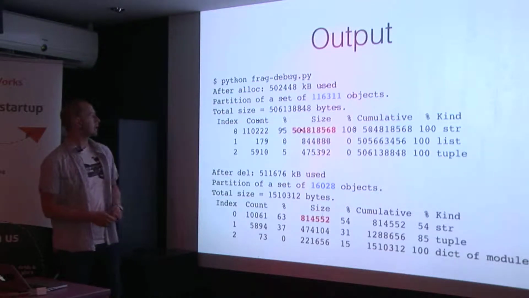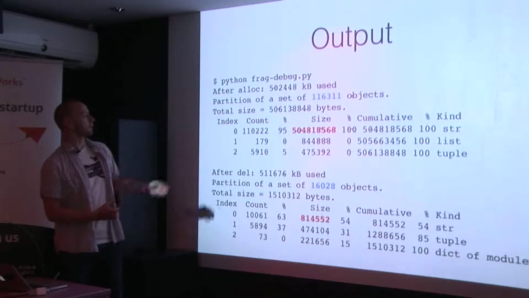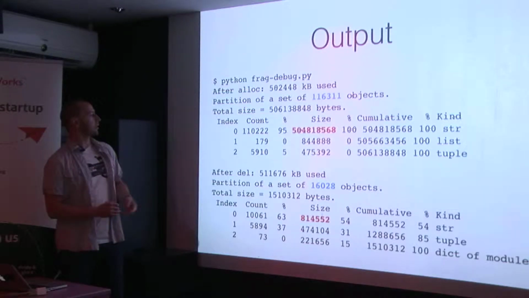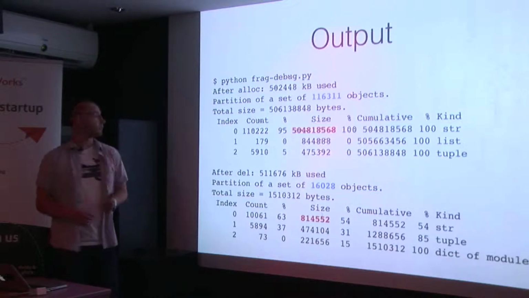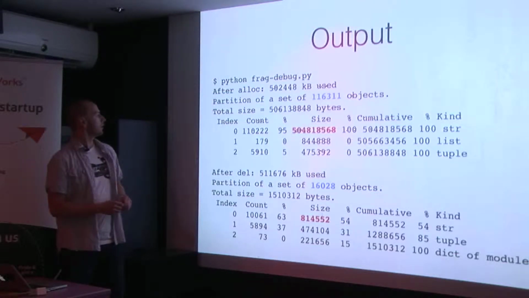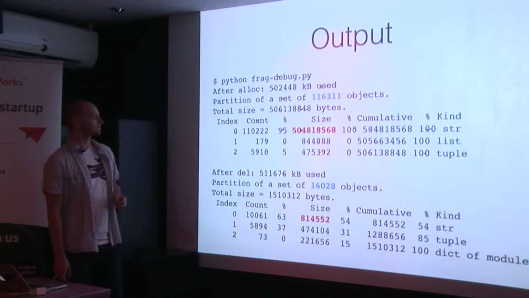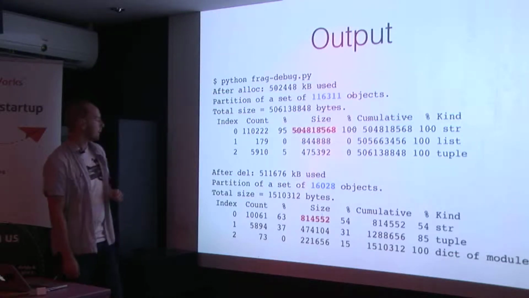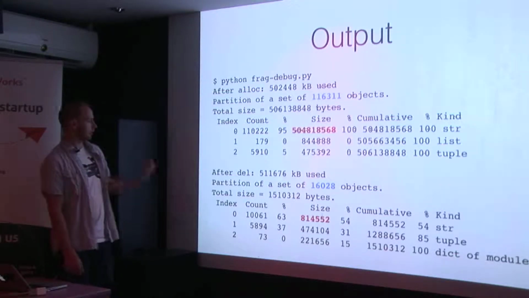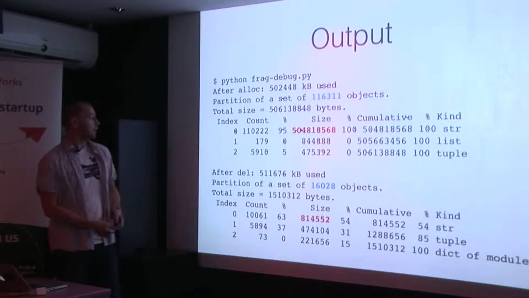And the table below describes what we expect here, right? We have 110,000 strings, although we only allocated 100,000, and the cumulative size of those strings is roughly 100% of the program. The interesting bit is the second invocation of this.